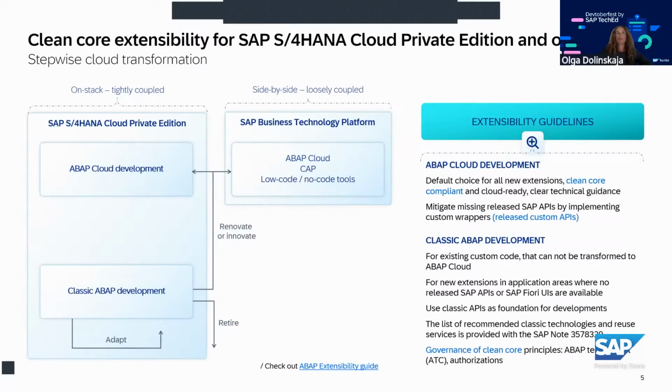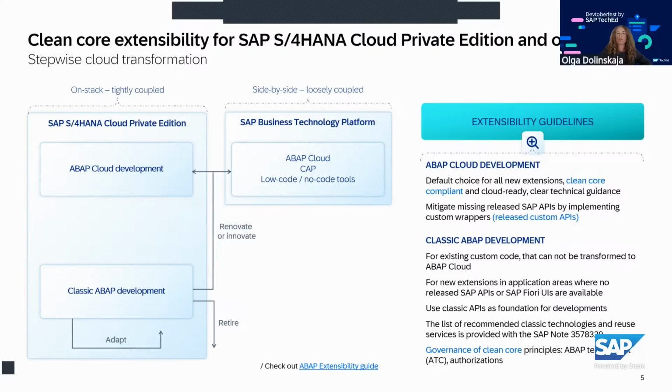Let's take the clean core extensibility in your S/4HANA Cloud Private Edition and on-premise, how it looks like. The default choice for all your new ABAP-based extensions must be actually ABAP Cloud Development as the leading programming model, using RAP and using only released APIs from SAP.